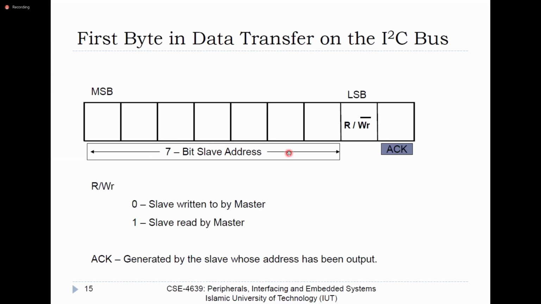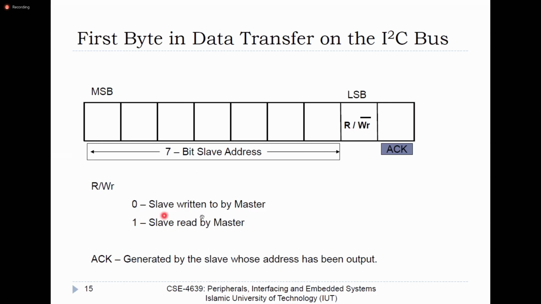So how does the first byte look? The first byte looks like this. This is the data format. We start by providing one slave address, the 7-bit slave address. Then the master node informs whether it is doing a read operation or a write operation, depending on the 0 and 1.